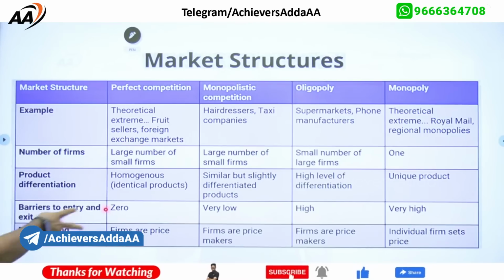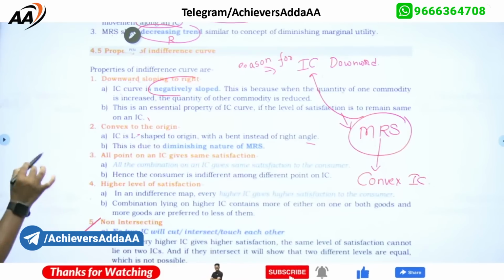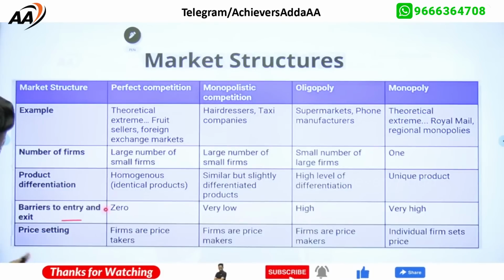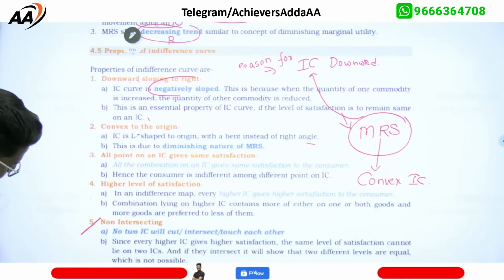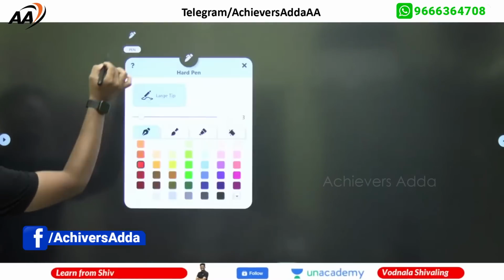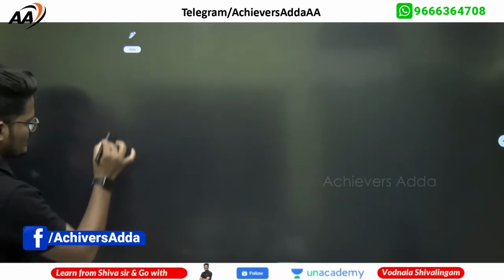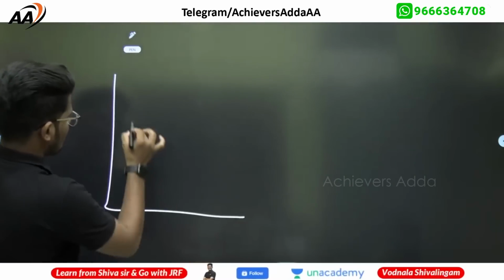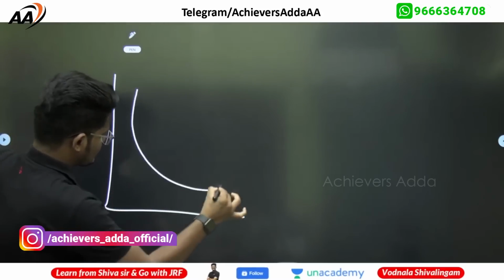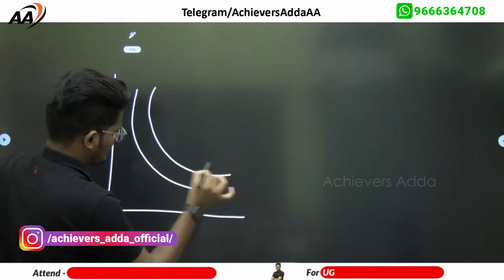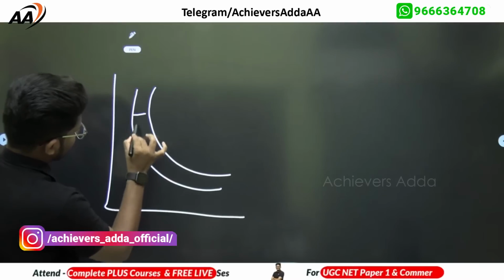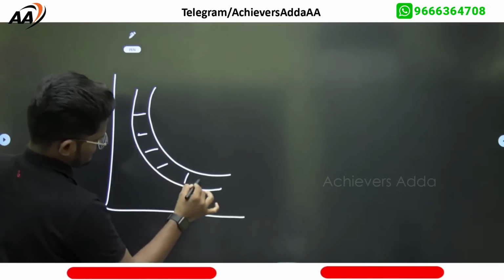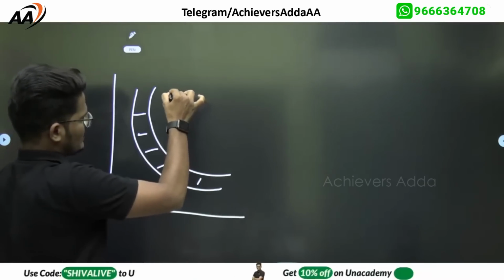Yes, correct, Rahul. Superb. He told one point correctly, because that is also asked in the exam. Indifference curves need not be parallel. Here the indifference curves are like this, and we can see them parallel. But is it to be like this only?